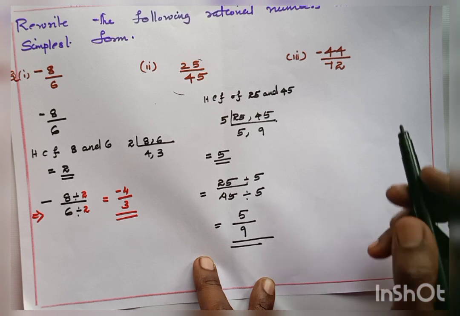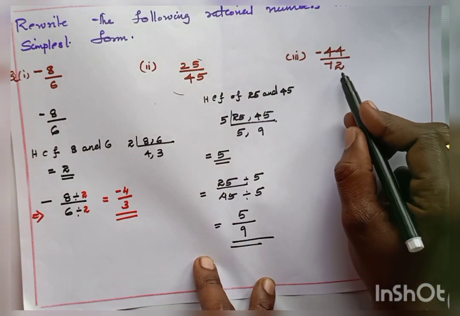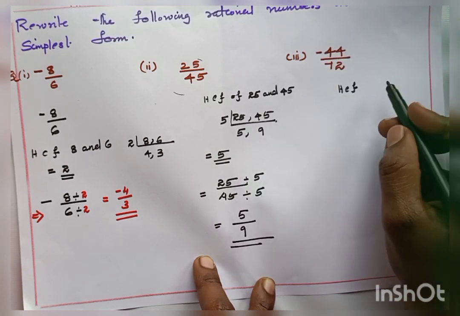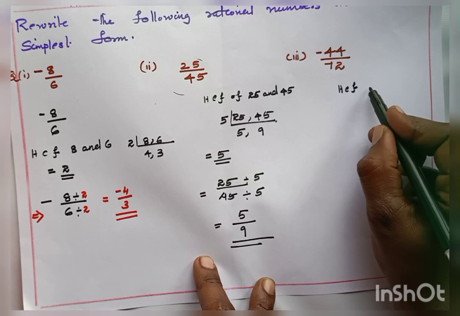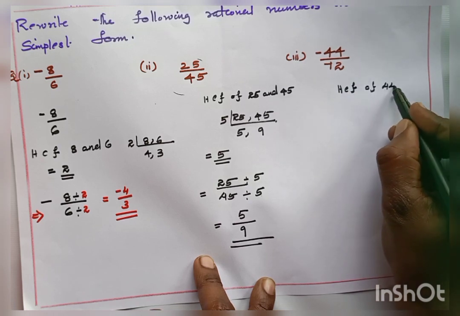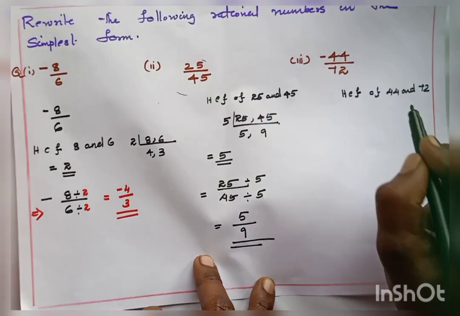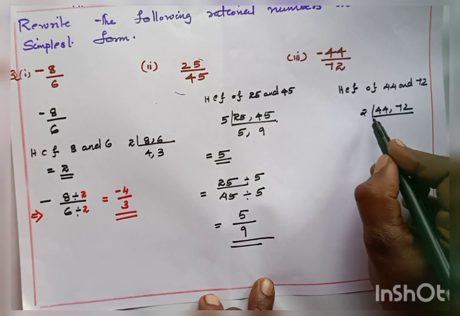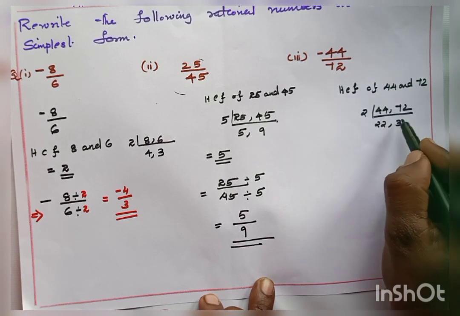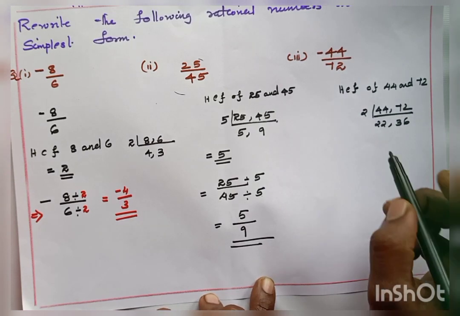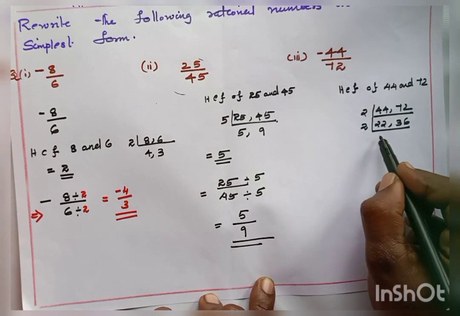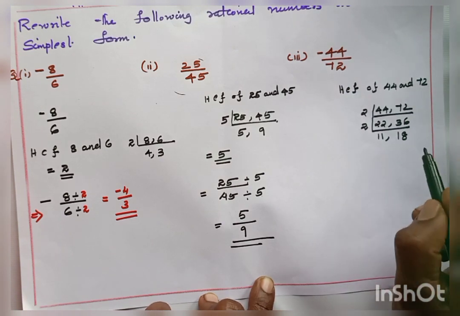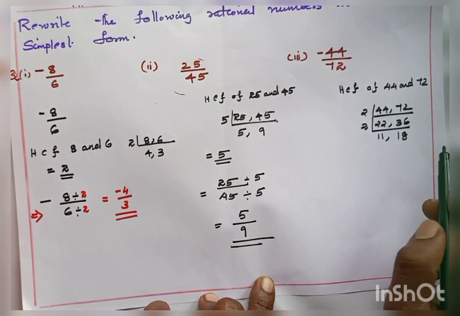The next question, minus 44 by 72. Ignoring the negative sign, take the HCF of 44 and 72. We can divide both by 2: 22 and 36. Then again by 2: 11 and 18. Then there is no common factor for 11 and 18.